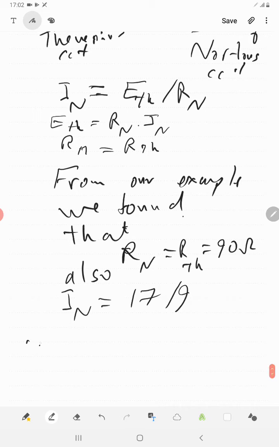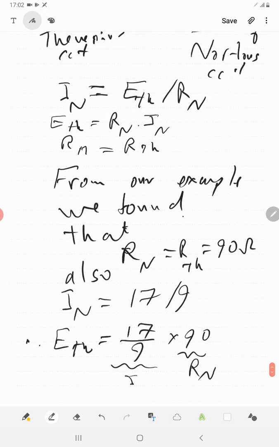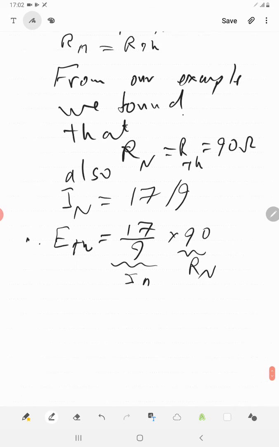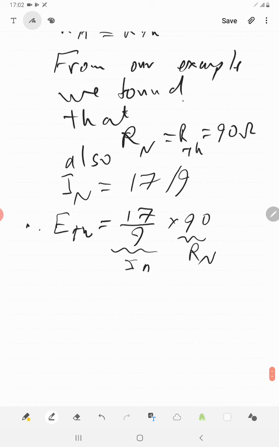To convert, therefore, E Thevenin equals 17 over 9 times 90. So this is RN and this is IN, which is equal to 170 watt.